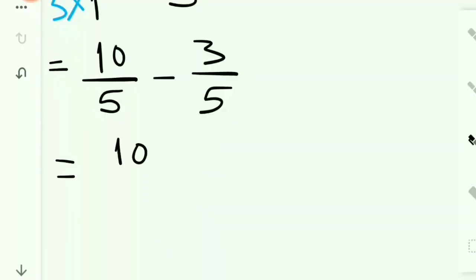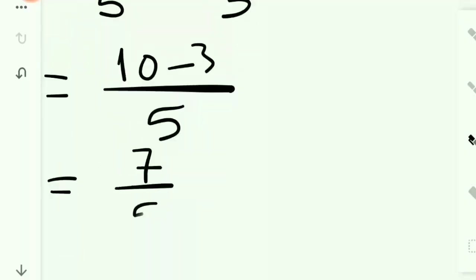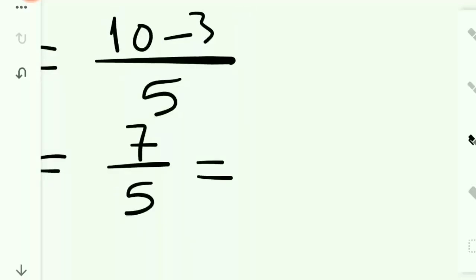Next is 10 minus 3 by 5. Next is 7 by 5. And we change it back to a mixed fraction. Whenever you are getting the answer as an improper fraction, make sure that you are changing it into a mixed fraction. 5 1s are 5. Remains 2 by 5.